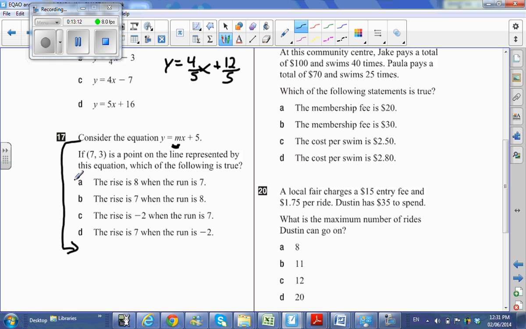So what we actually have to do is figure out what the slope is, or I think the more common theme would be to actually figure out what the b value would be. But let's go ahead and plug in. So we have y equals mx plus b, or mx plus 5, sorry. And we're going to plug in (7, 3).